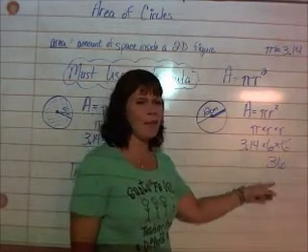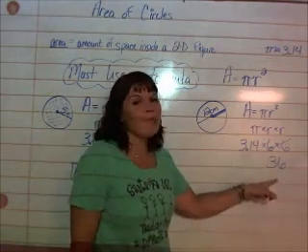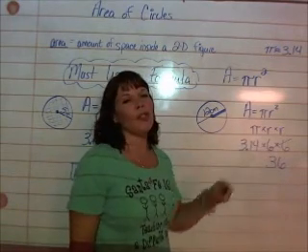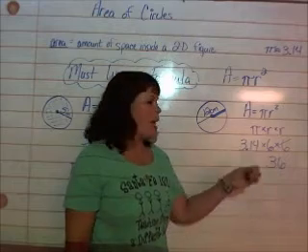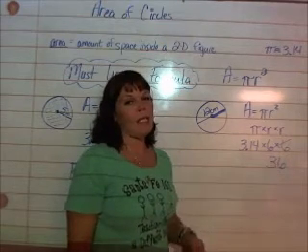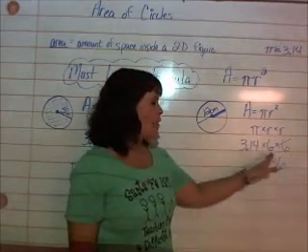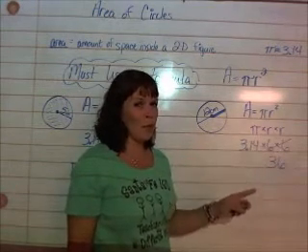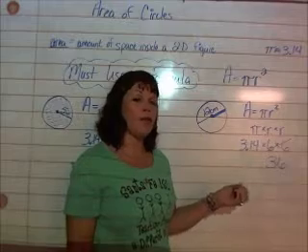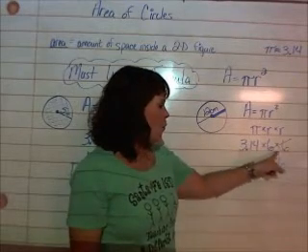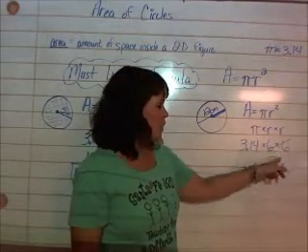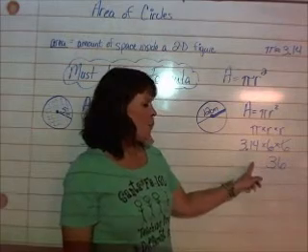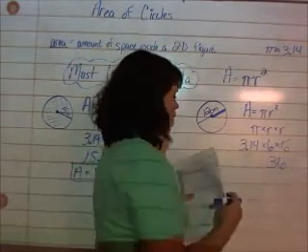Is 12 going to be the same as 36? No. You have to use the formula. You have to actually plug in what the formula asks for. And in this case, it asks for two radiuses, not one diameter. Gotta follow what your formula says. So I went ahead and multiplied my 2 radiuses together and it gave me 36. Haven't multiplied it by 3.14 yet though.